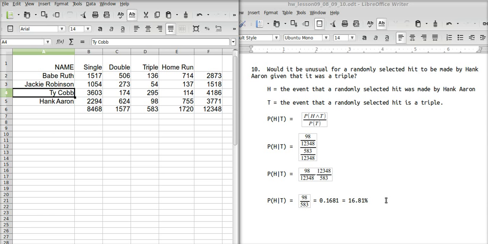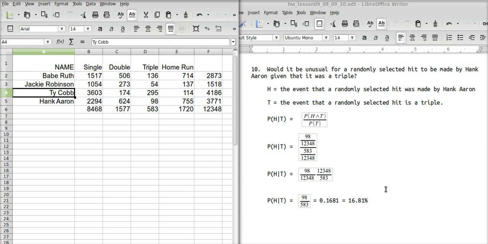So that's not all that unusual, right? It would not happen a huge amount either, but it wouldn't be unusual either. So you would probably reserve that word for something that happened around 5% or 1% of the time, something in that neighborhood.